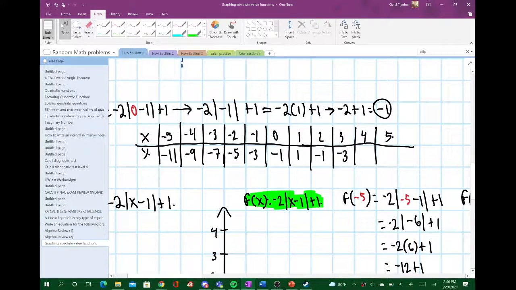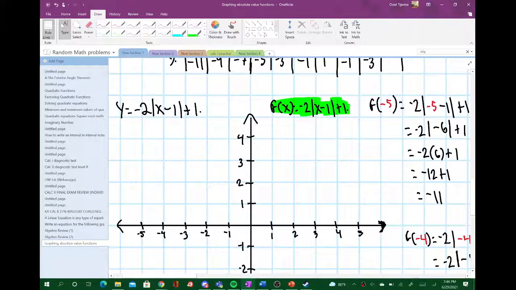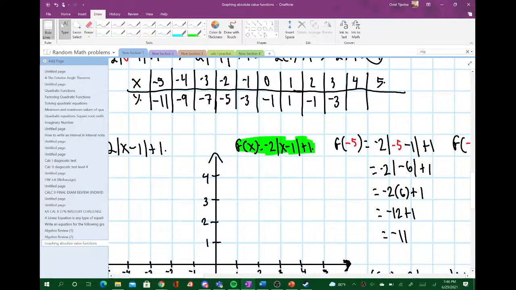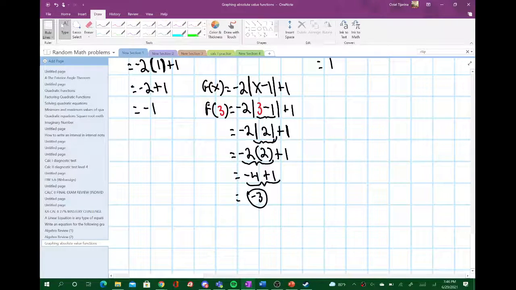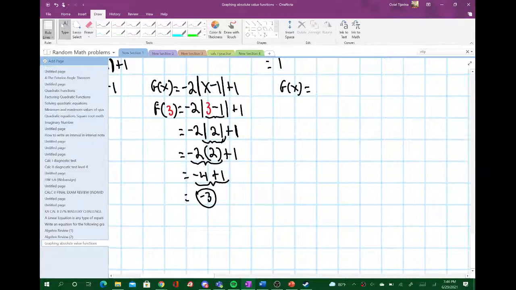And then what about when x equals 4, right? Again, if it helps, you don't have to do this, but if you have your function right in front of you and you know how to do it without rewriting your function over and over, that's okay. If you need to write your function every time you do this, that's okay too. We have negative 2 times the absolute value of x minus 1 plus 1, okay?